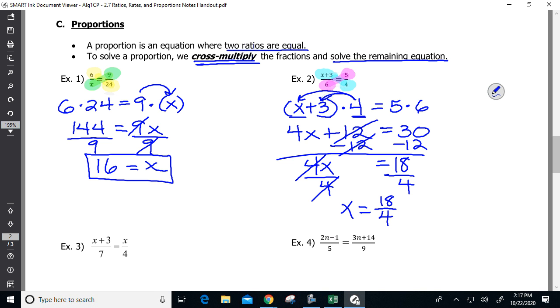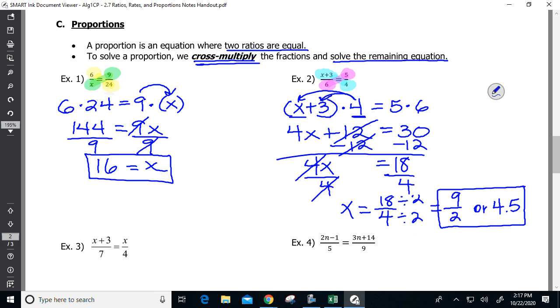What is that as a fraction? 9 over 2. So 9 over 2, or 4.5.